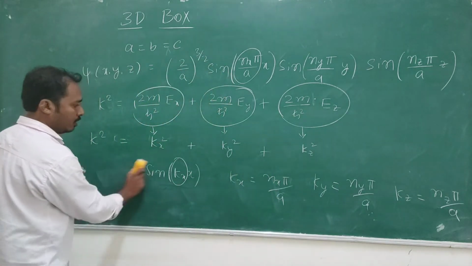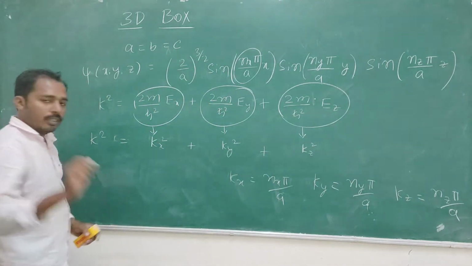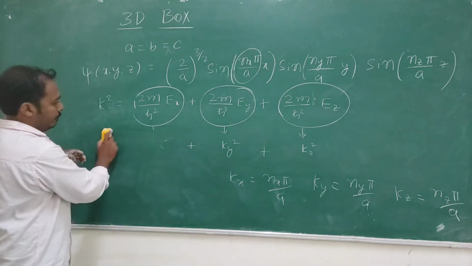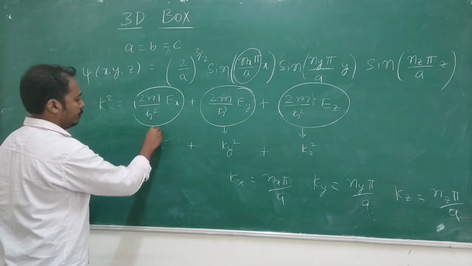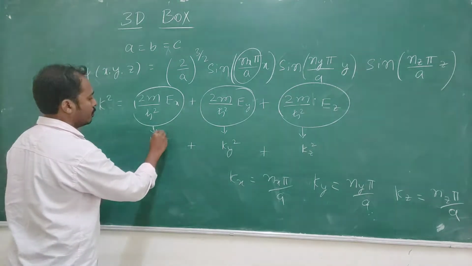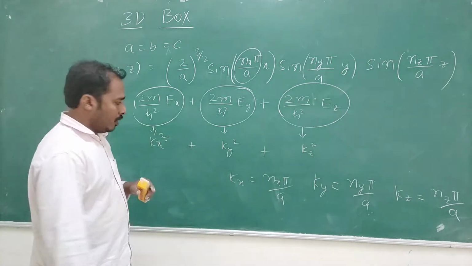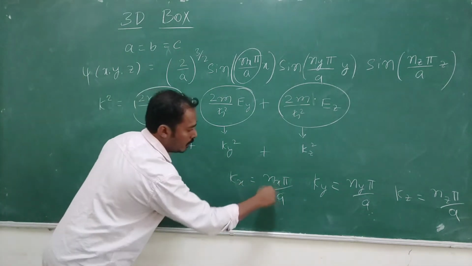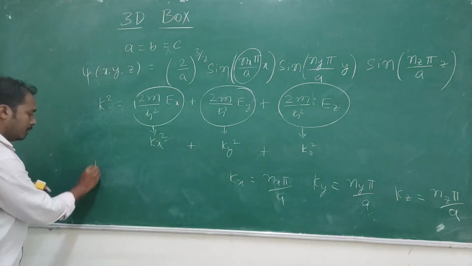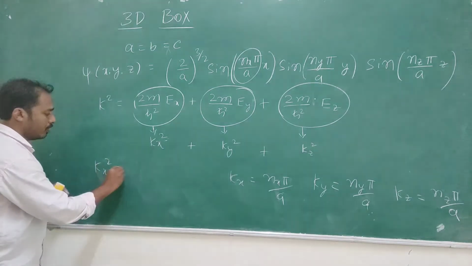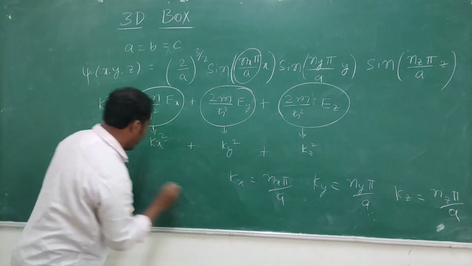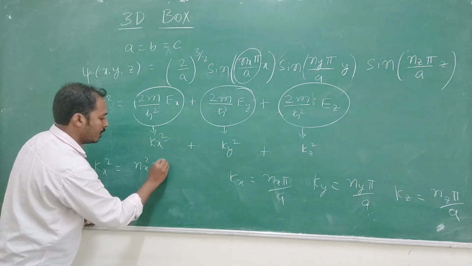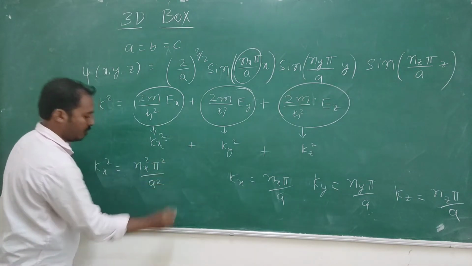Okay. Next, similarly, kx square is equal to this one. Kx square is equal to nx square pi square divided by a square.